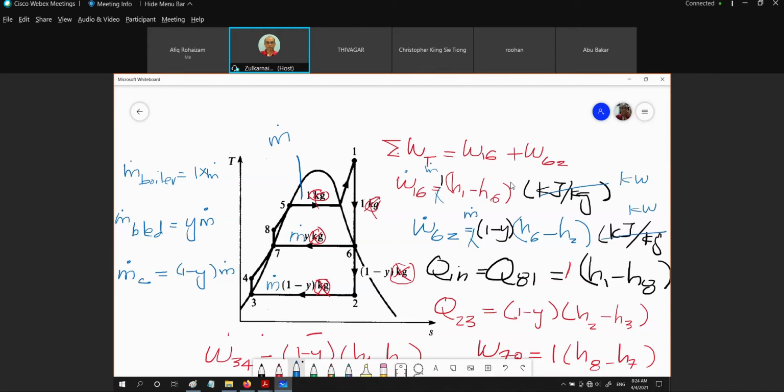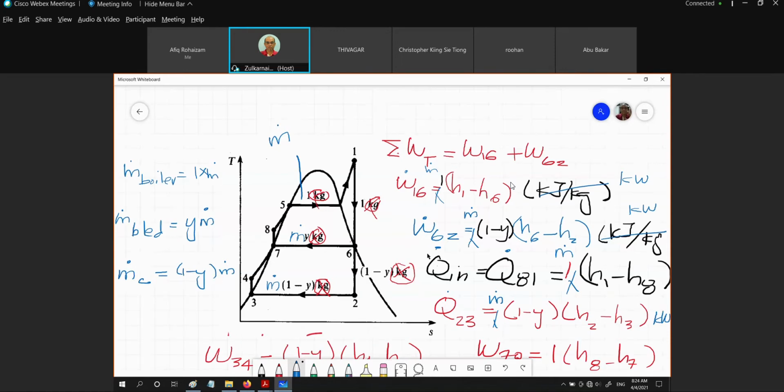Same goes for the Q in. This is W dot, this is m dot. So the unit of this Q in is in kilowatt. Same goes to the Q23, the condenser side. It's multiplied by m dot, so we have it right here in kilowatt. Same goes for the rest.